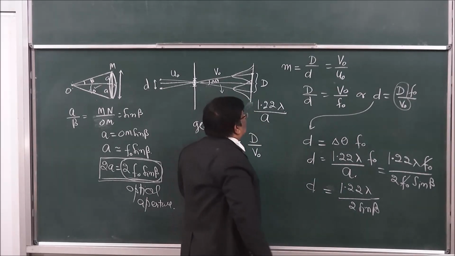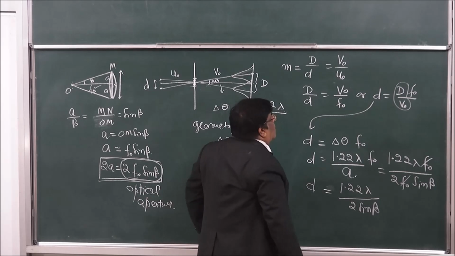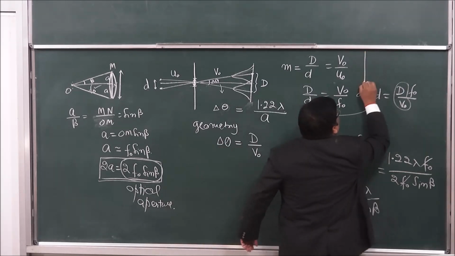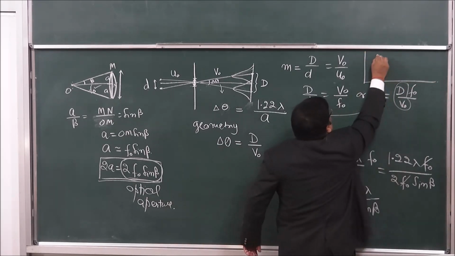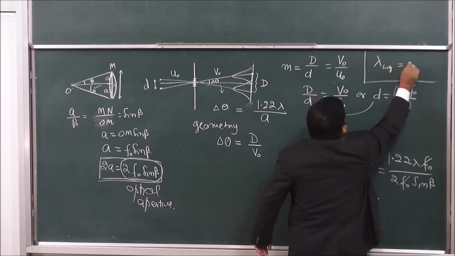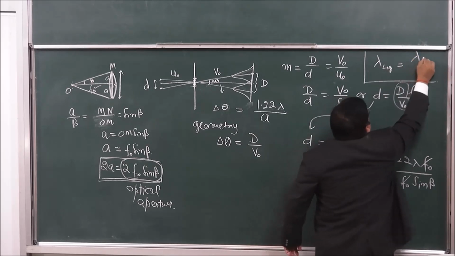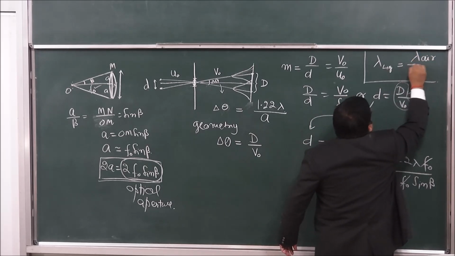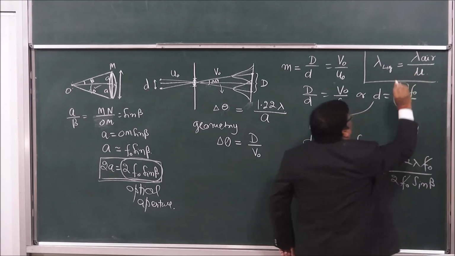Now the relation is, when light passes through a liquid, then lambda in the liquid is equal to lambda in free space or air divided by refractive index.